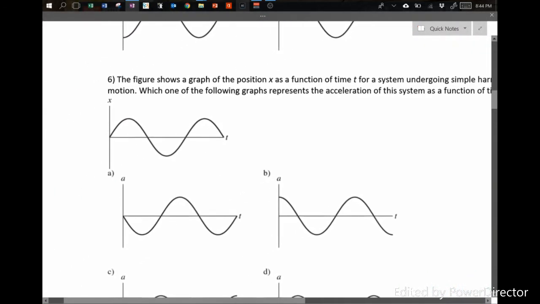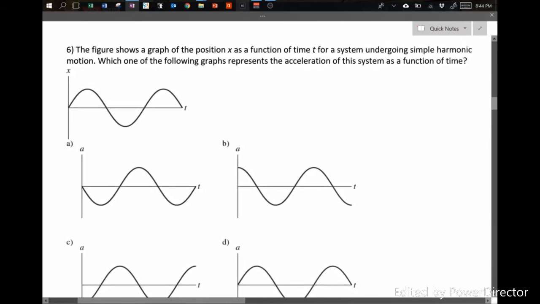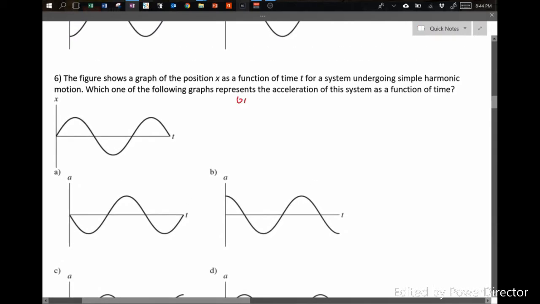Number 6. We have another graph that shows the position as a function of time, and I want to know which represents the acceleration of the system as a function of time. Okay, so to reiterate, on a position versus time graph, positive acceleration is concave up, or smiley face.